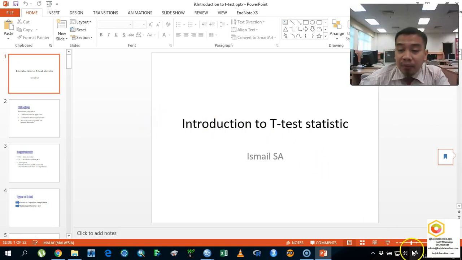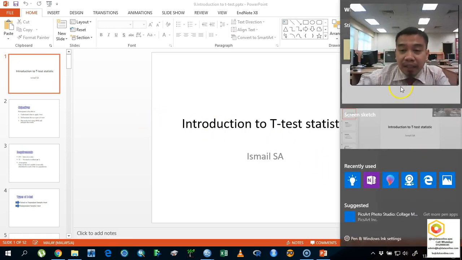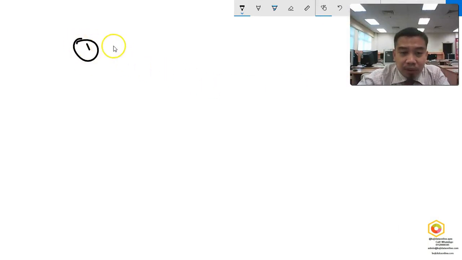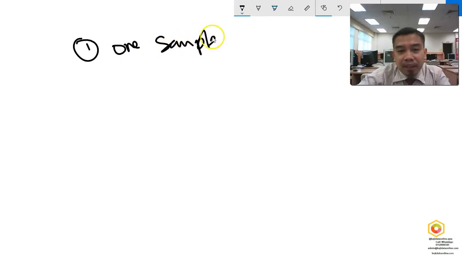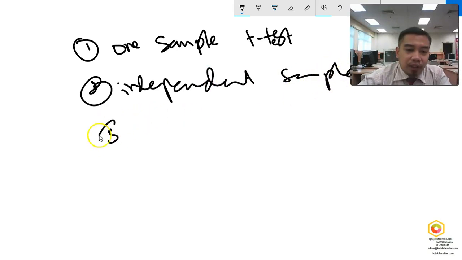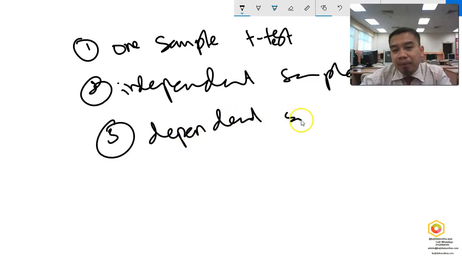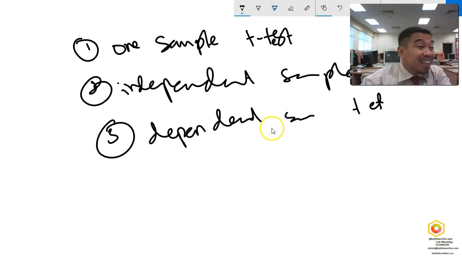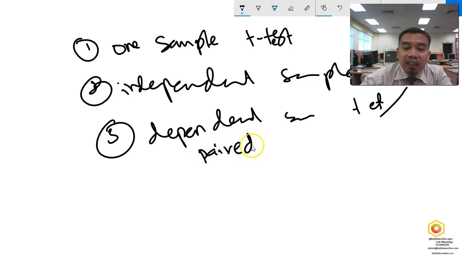The second one we call the independent sample T-test. And the third one we call the dependent sample T-test, which is usually also known as the paired sample T-test.